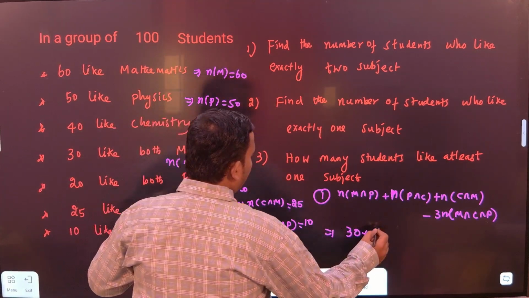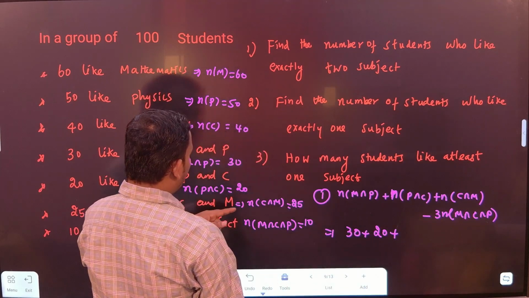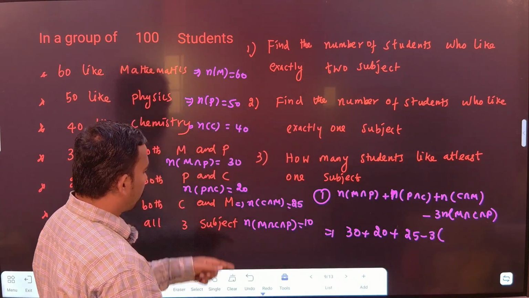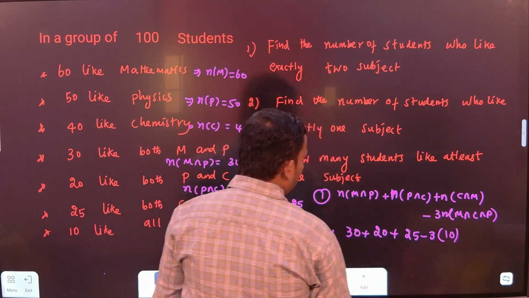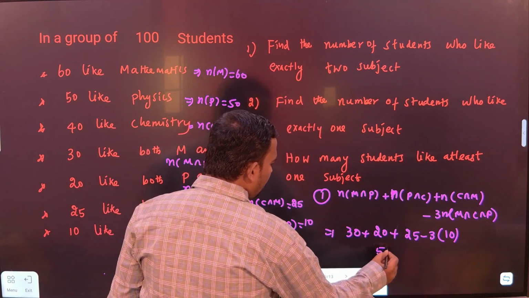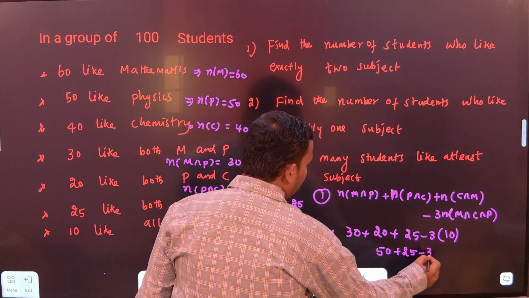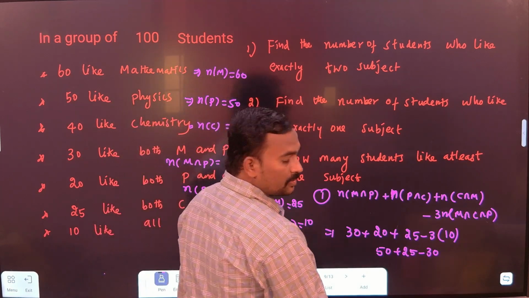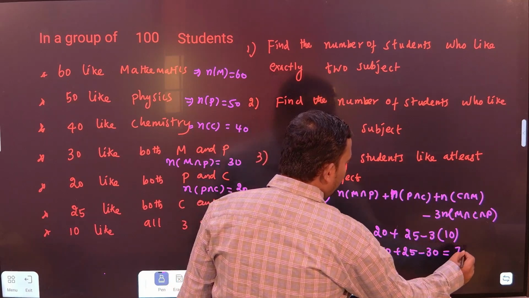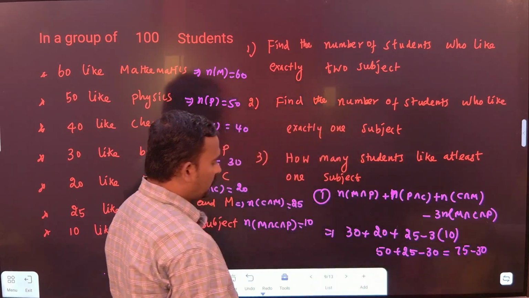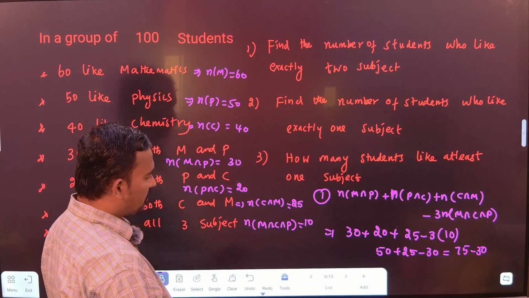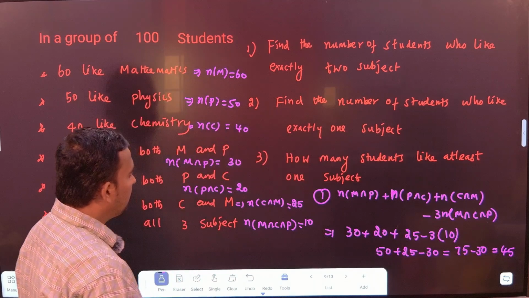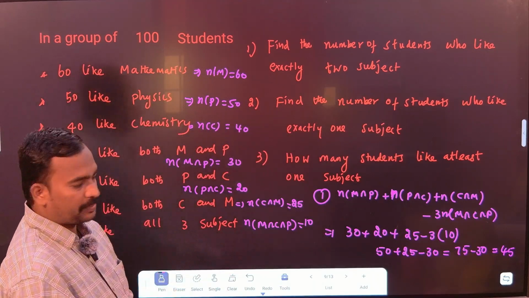P intersection C is 20. C intersection M is 25, minus 3 times M intersection C intersection P, which is 10. Then 30 plus 20 is 50, plus 25 is 75, minus 30, so 75 minus 30 is 45. 45 students like exactly two subjects.